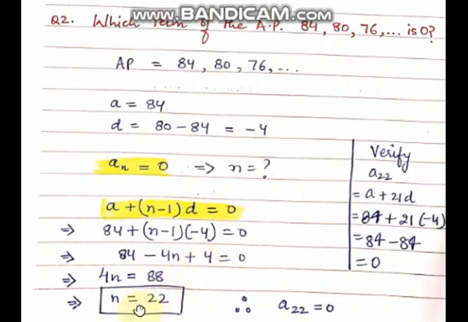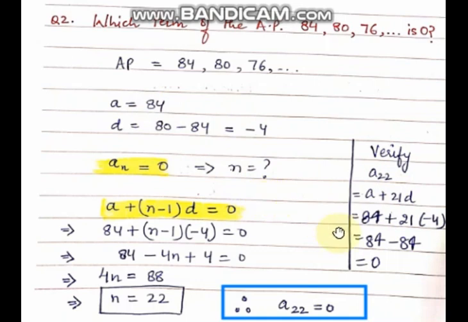So what is the conclusion? A22 is 0. That means the 22nd term is 0, and this can be further verified. In order to verify, I started finding the 22nd term. The 22nd term will be the first term and 1 less than 22, that means 21 jumps, a plus 21d.